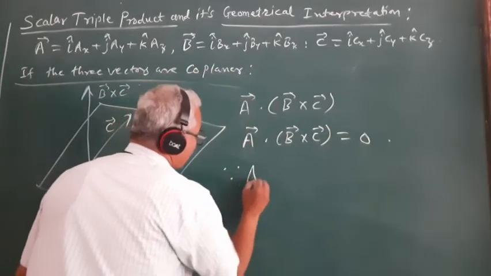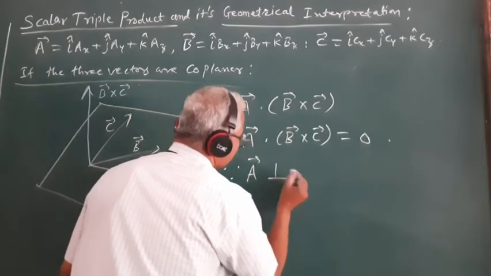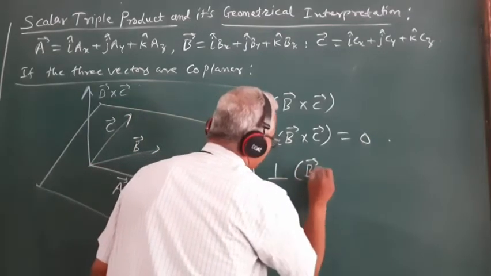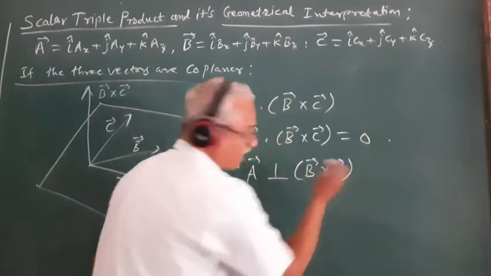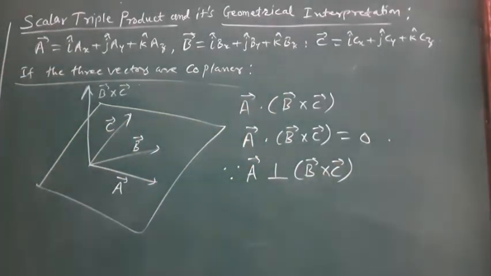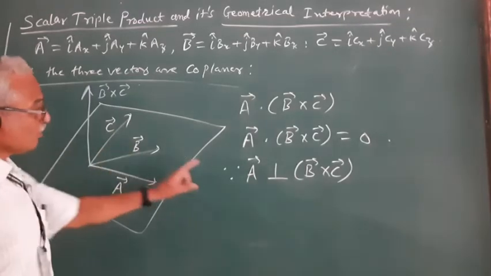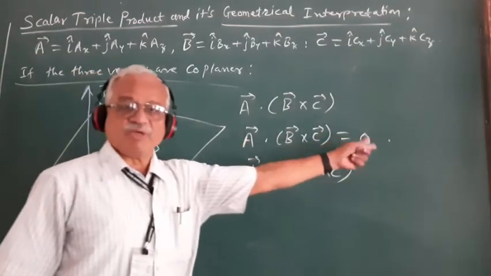Because A bar is perpendicular to B bar cross C bar, the dot product of such two vectors will be equal to 0.